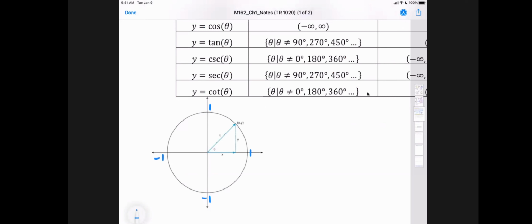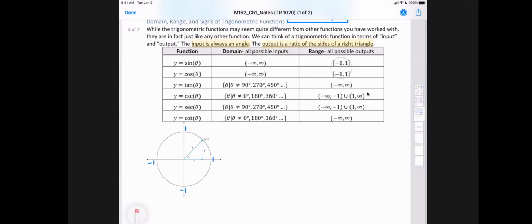The radius is set at 1. If we're going around this circle, we're bounded between -1 and 1. You're not going to end up on the circle measuring some angle and be out here at -5, right? So that's why our range is bounded between -1 and 1 for sine and cosine.